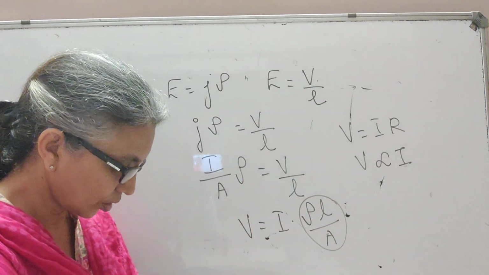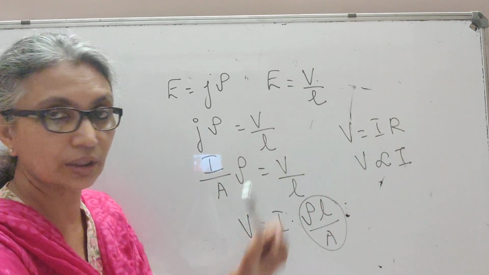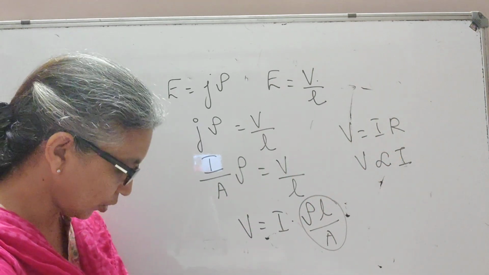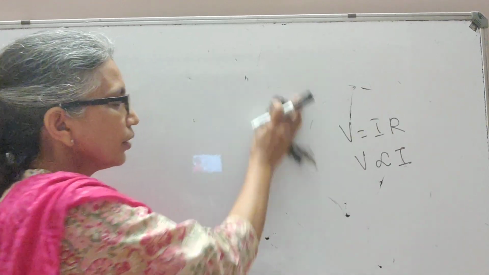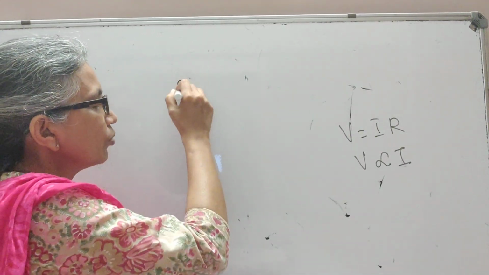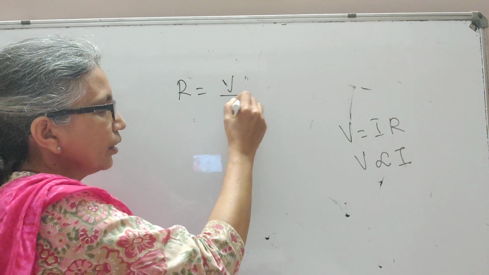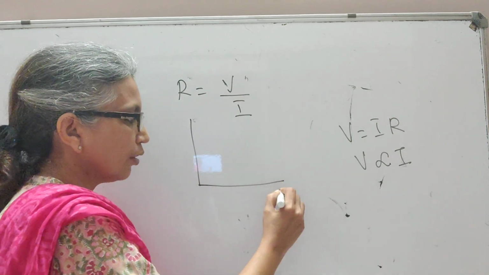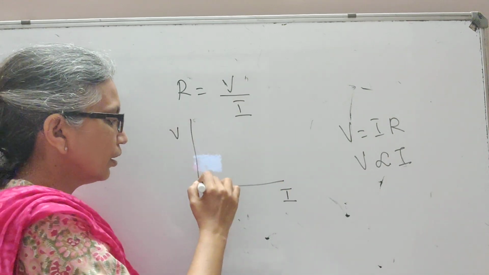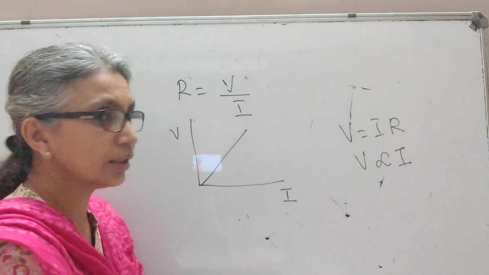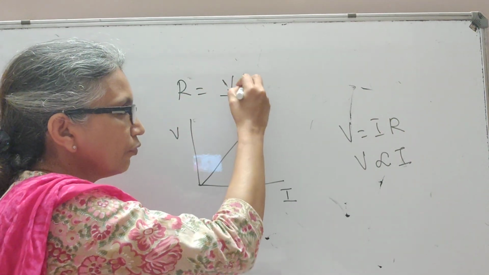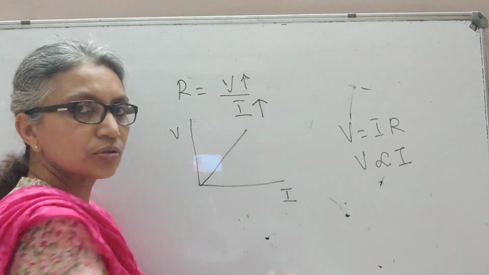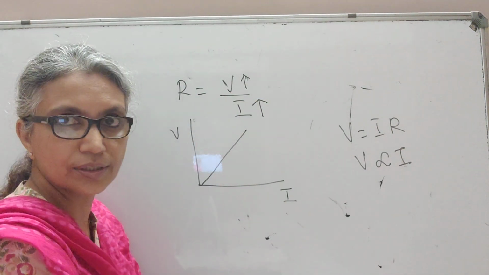Now this resistance that we've been talking about, I hope it is very clear to you that resistance R equal to V by I. So if you draw the VI graph with I here and V here, we must have a straight line because R is a constant. If the voltage increases, the current also will increase, keeping R a constant.